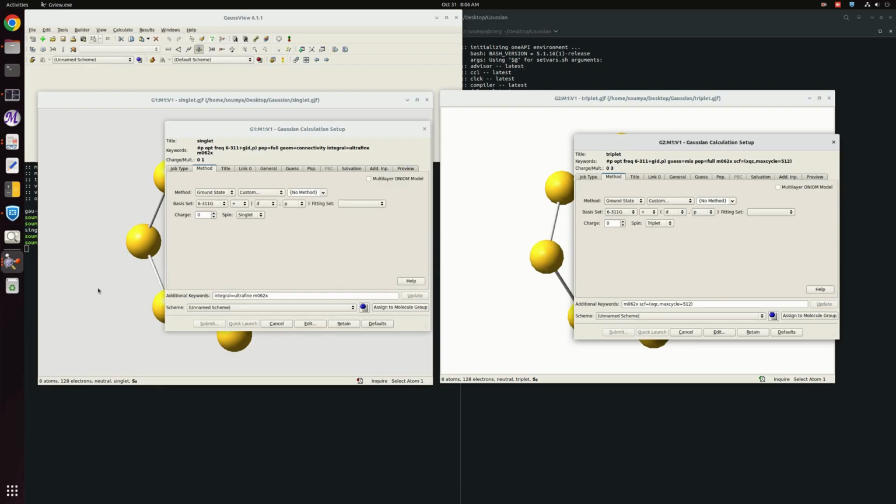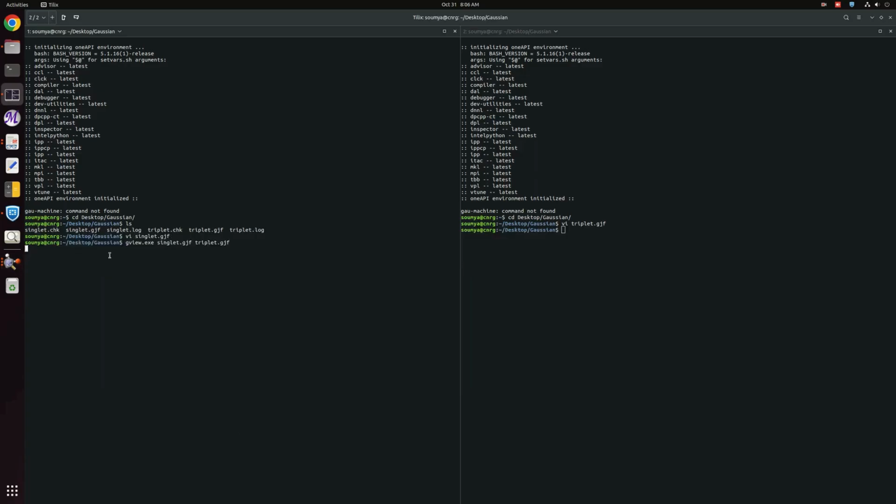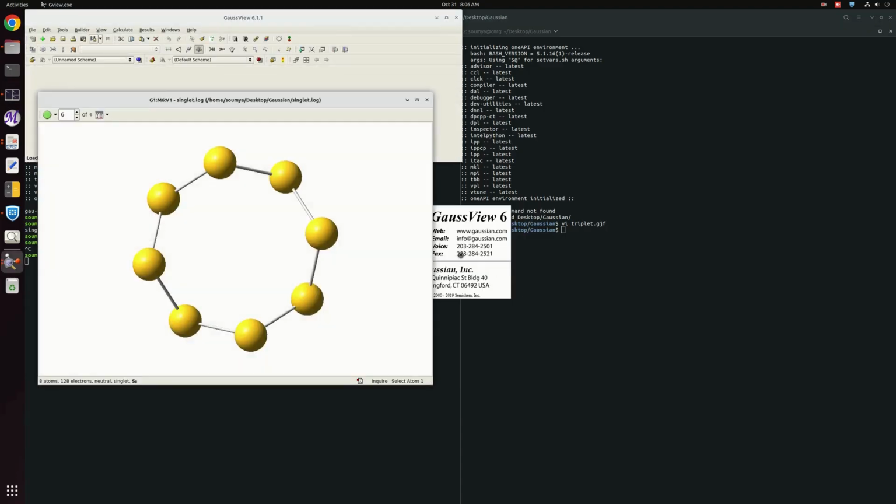Now I am going to close this and open the output files separately. I am opening both the singlet log and the triplet log.